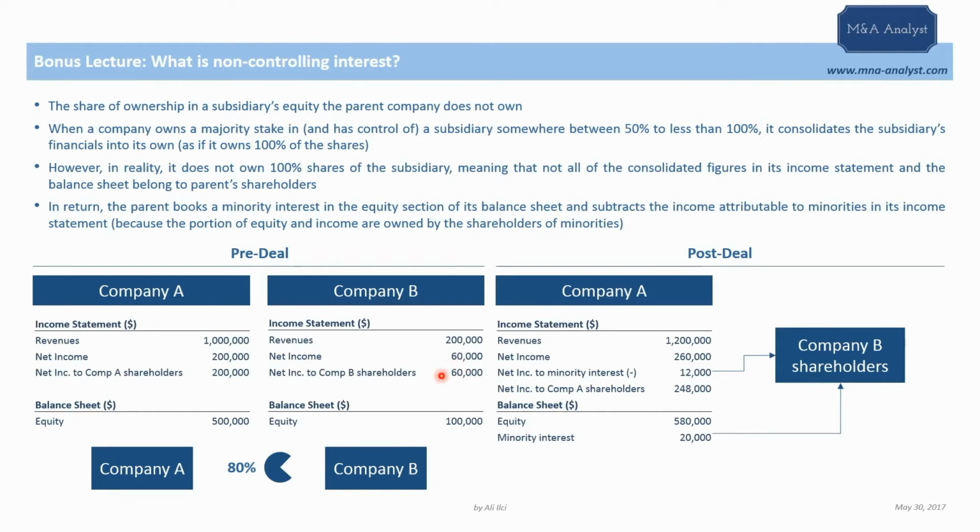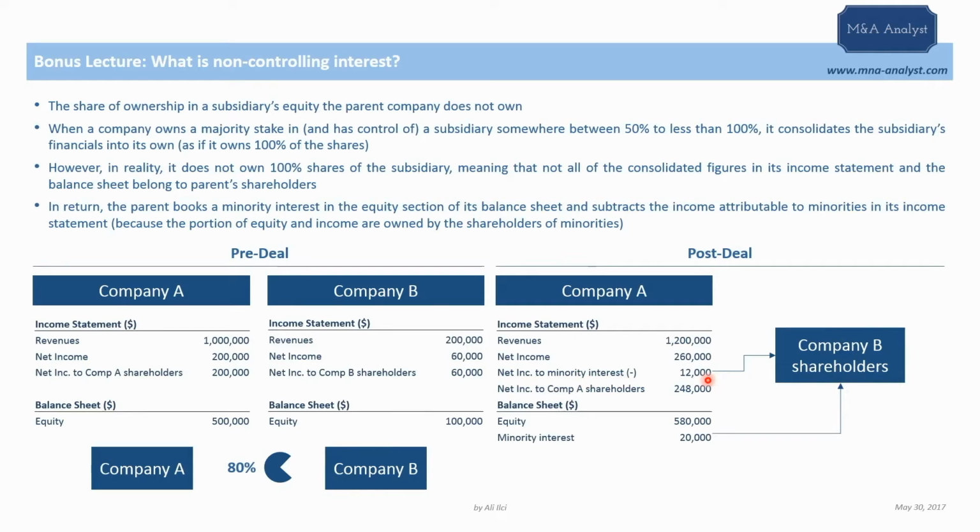80% of this net income. When company A bought company B, it bought 80% of it. So not 100% of company B's net profit is going to go to company A shareholders, but only 80% of it. That is why the remaining 20% has to go to company B shareholders, because they still own it. So we have to subtract 20% of company B's profits and attribute them to company B shareholders, which is called net income attributable to non-controlling interest or minority interest.